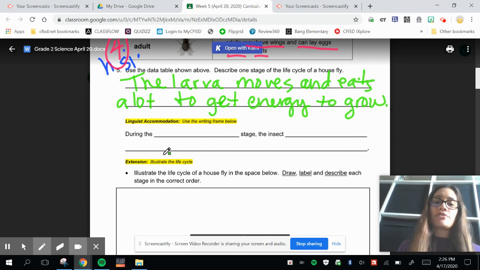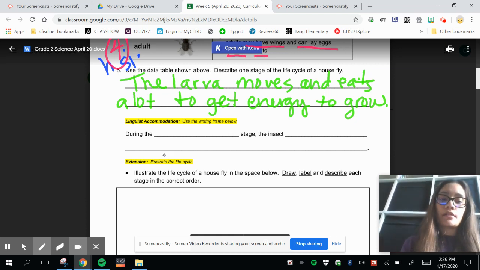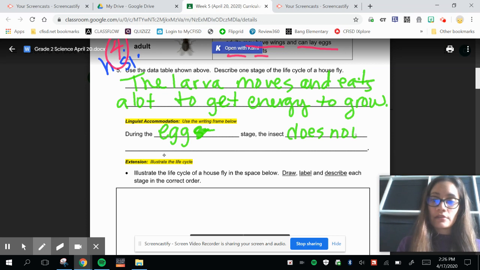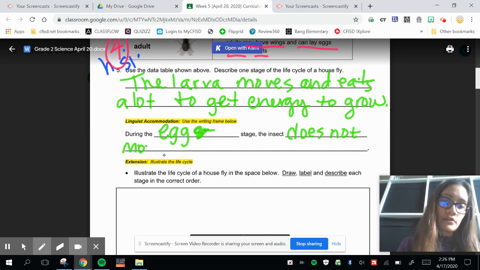Down here, I'm going to pick one of the life cycle stages. I'm going to pick during the egg stage. I'll have to write that. During the egg stage, the insect does not move or eat.